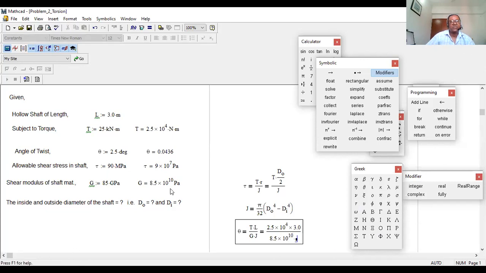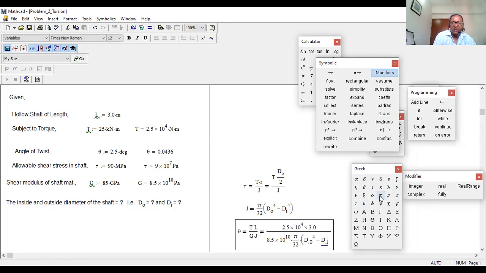Then into J, right? This J equals pi by 32 times d naught to the power 4 minus di to the power 4.